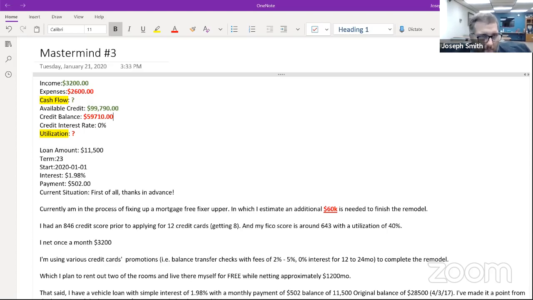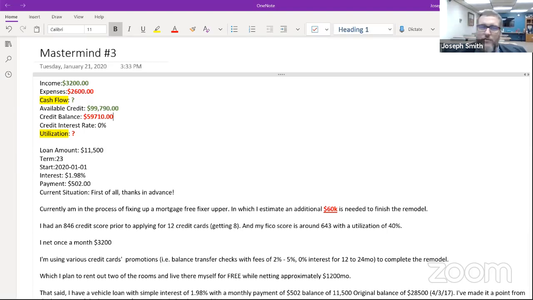Right there, I immediately want to know, well, what's the cash flow? And then they share, here's our available credit, and it's $99,790, but their credit balance, so what's their utilization, right? That's what I want to calculate.